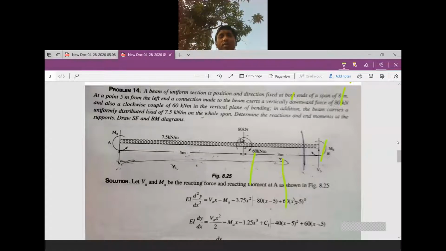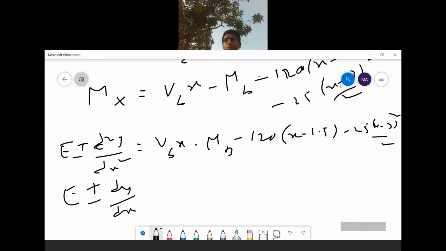Then you have to draw the shear force and bending moment diagrams. Understand?